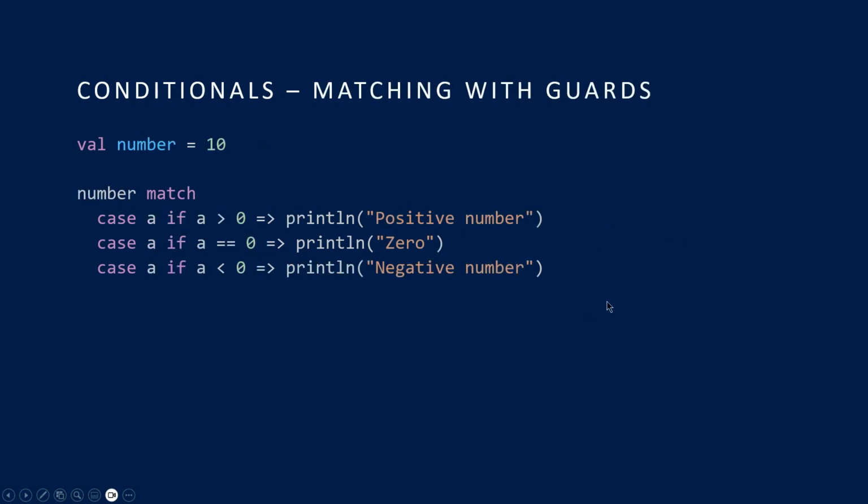Then I can do some guard matching with various guards, so I can introduce some additional criteria here as well if I want to get a little bit more complicated. Here the value is 10, so what it's going to do is look here: is a greater than 0? If it is, it's a positive number, so it's going to print out positive number.